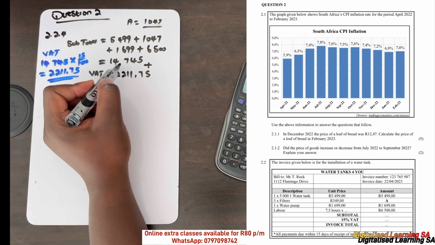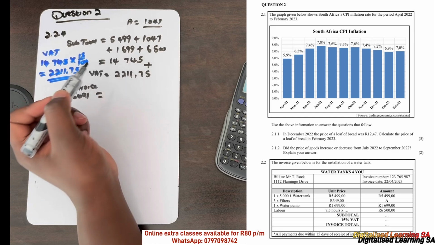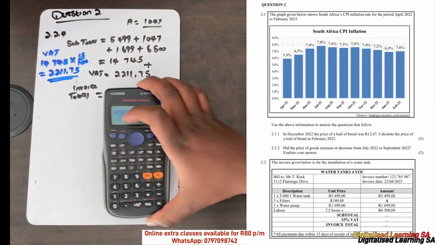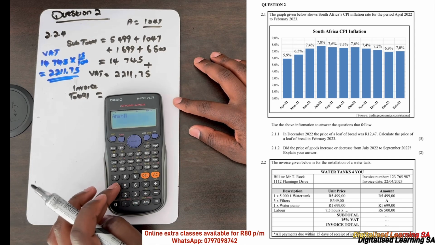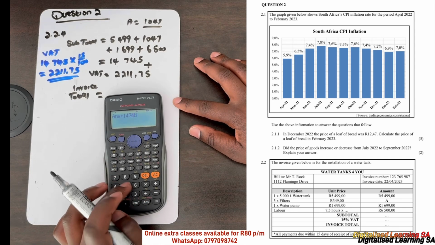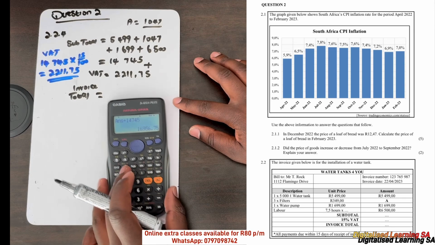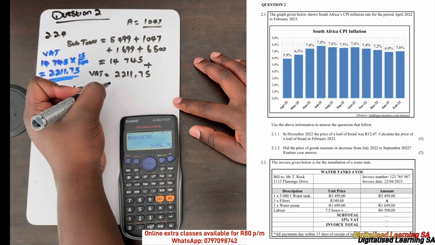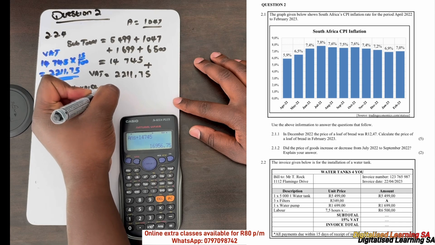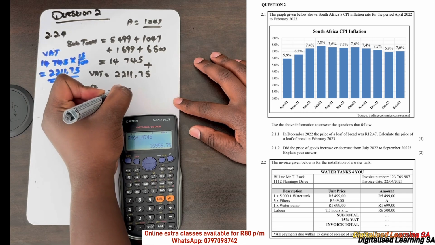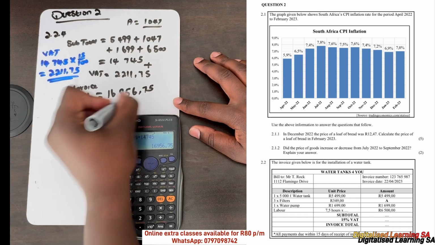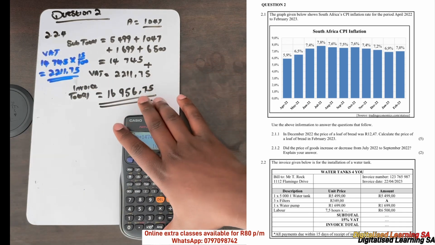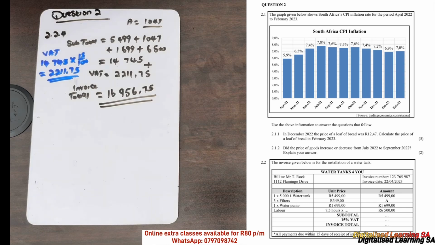Okay, so it's 14,745 plus 2211.75. So we just add our subtotal to our VAT. So we'll just add 14,745, and our final answer will be 16,956.75. That's our final answer. I hope that makes sense.